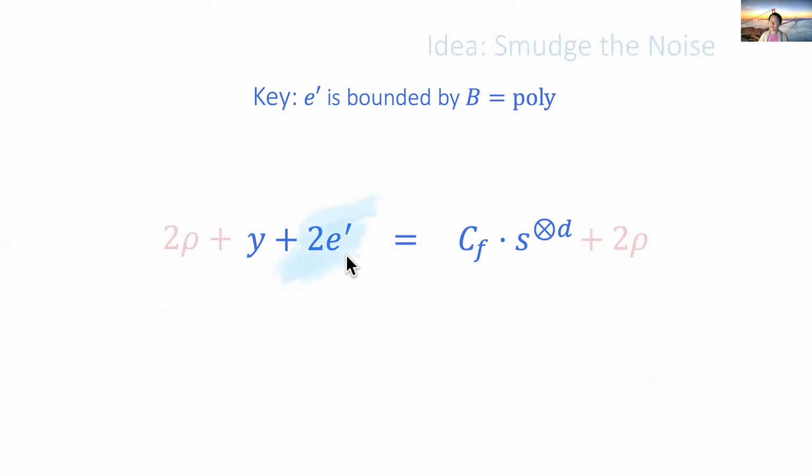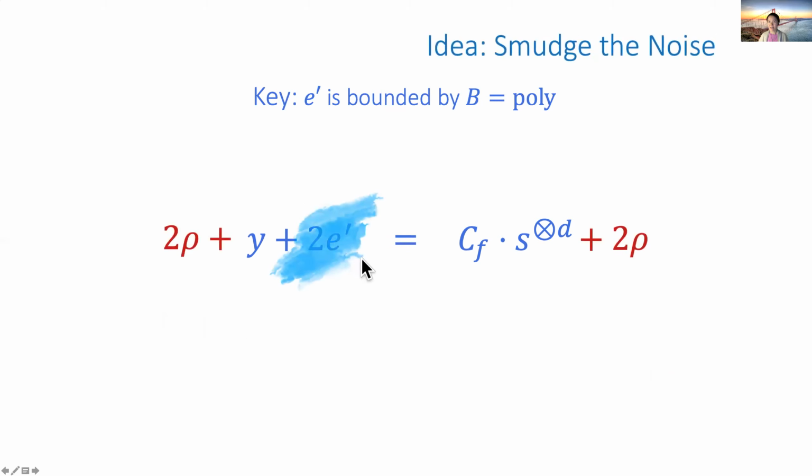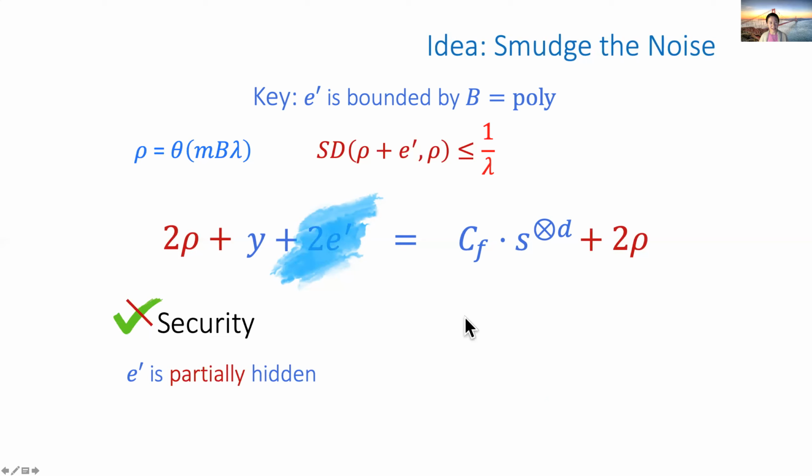And therefore, a different way of hiding them is to attempt to add to this equation some larger noise rho so that we can smudge the smaller noise E prime. Indeed, if rho is appropriately set, then the statistical distance between the sum of rho plus E prime and rho itself is rather small, bounded by 1 over lambda, the security parameter. And this way we can still partially regain security because E prime is now partially hidden.